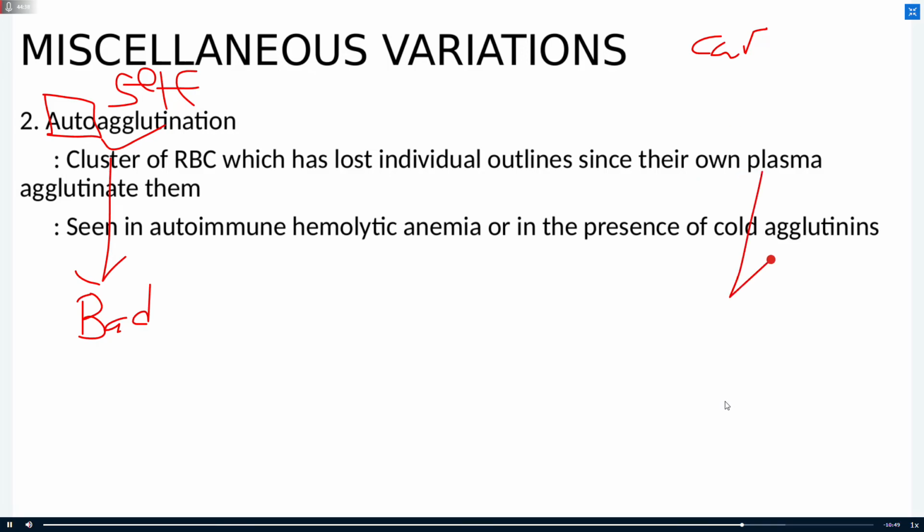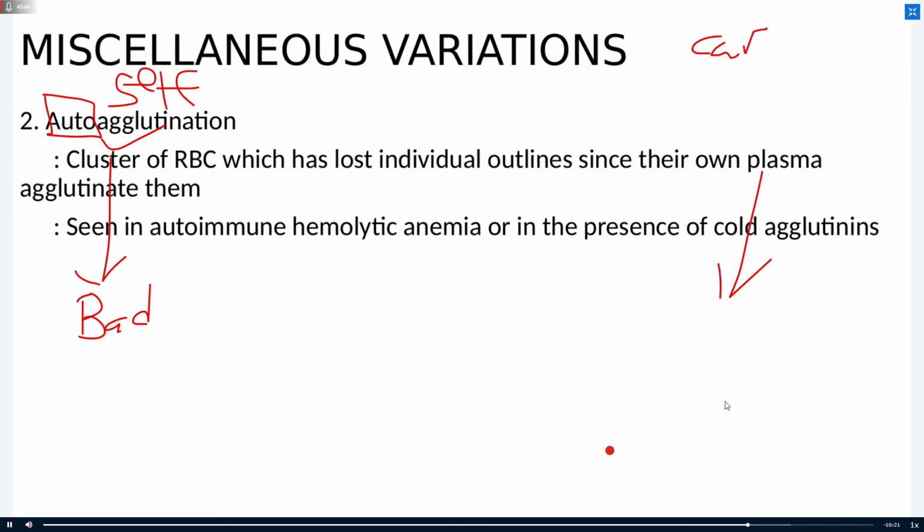Class, anong meron sa plasma niya that could make your cells agglutinate? What does your plasma contain that would make them agglutinate based on your immunology, serology? Nag-agglutinate.